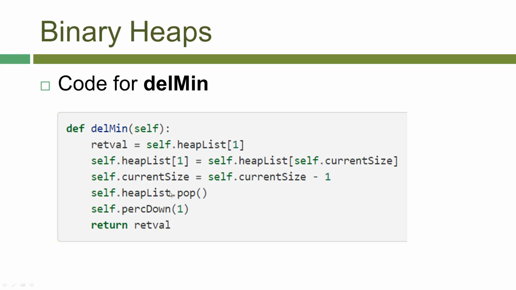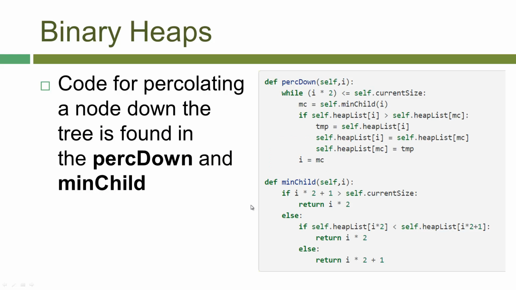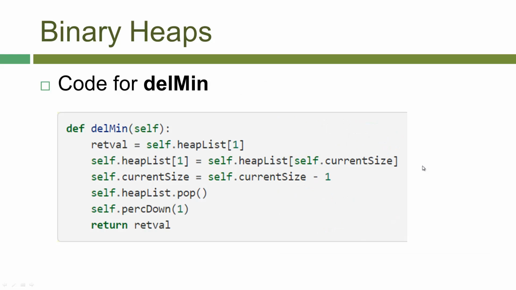So you readjust your size because you just got rid of an element. You say heaplist.pop, and then you perc down. And perc down just follows this method of swapping, as well as finding that minimum child. Okay, the reason we have the minimum child here as well is because perc down needs to call it in order to find it.